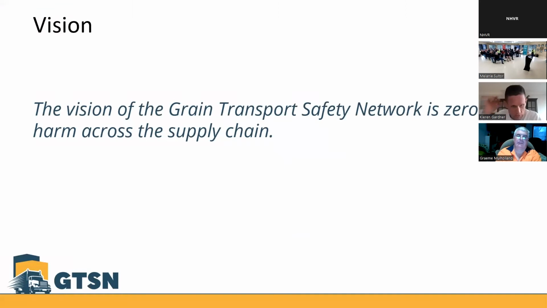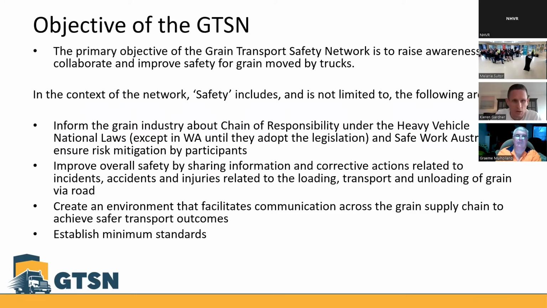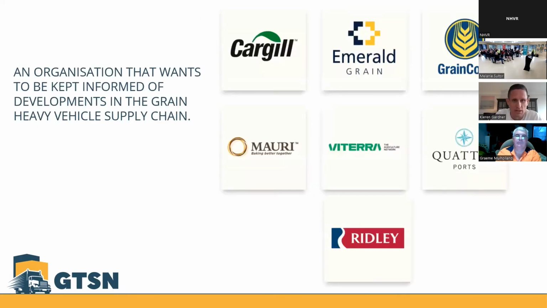The purpose of the group is zero harm across the supply chain, pretty straightforward. I won't go too much into this, there's a lot of detail on the slide. We've got a few new members as well. Manildra have just come on board, which is great. All of the big bulk handlers are part of the GTSN, and we meet 3 times a year in person.